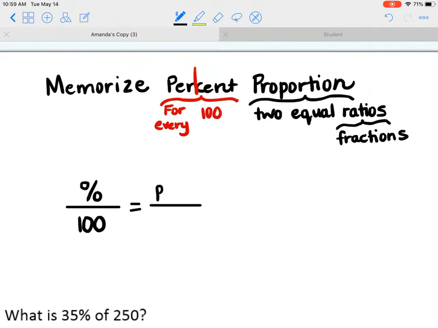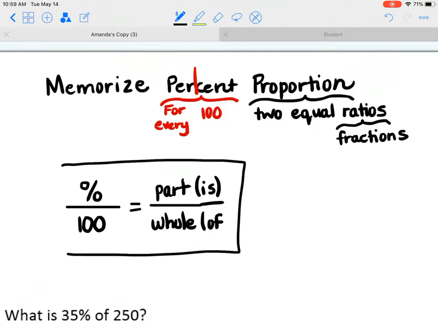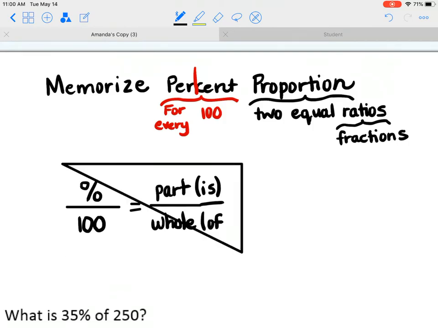And for our other fraction, part goes over whole. And sometimes the part is called the is and the whole is called the of. So that's important to know too, that is's go on top and of's go on the bottom. So this is the percent proportion that you need to memorize if you're going to use this method.